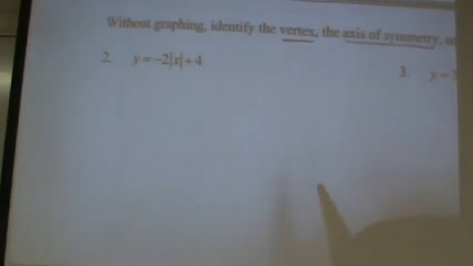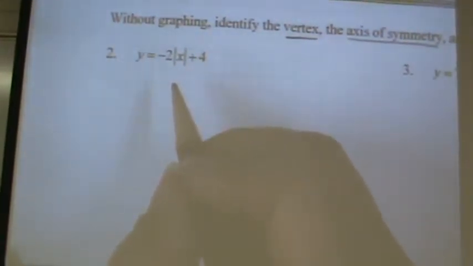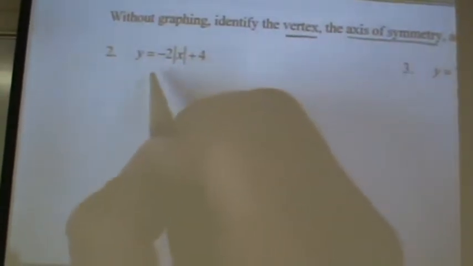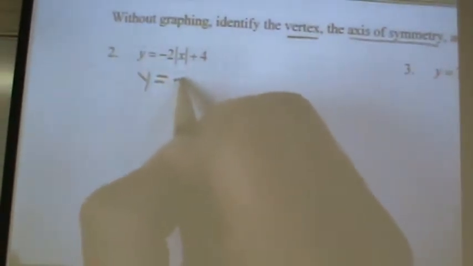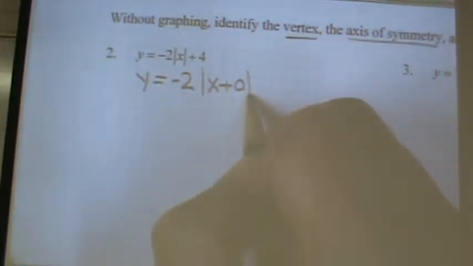Okay, sorry. All right, so check this one out. This is a strange one because there's something missing. Is the B or the D value missing? The B value is missing. It's x plus 0. Does everybody understand that?